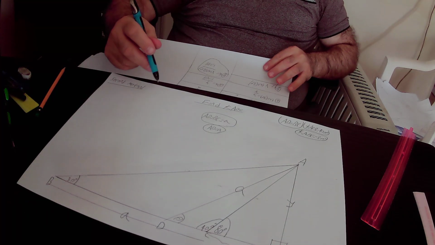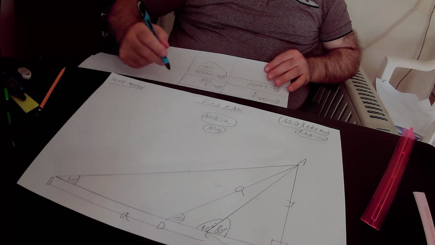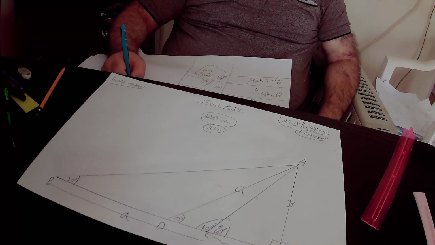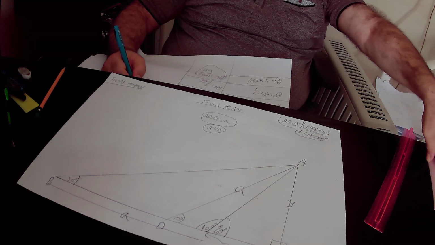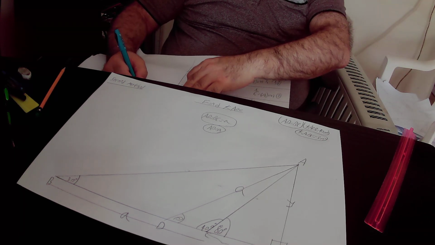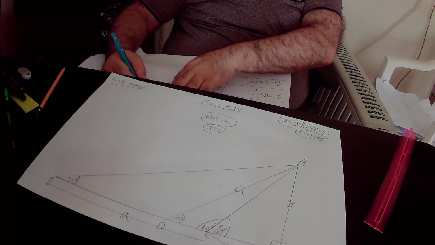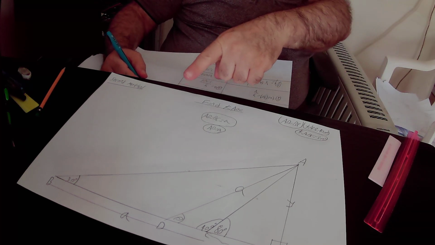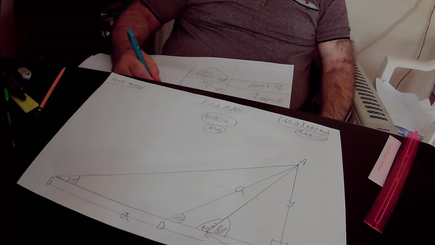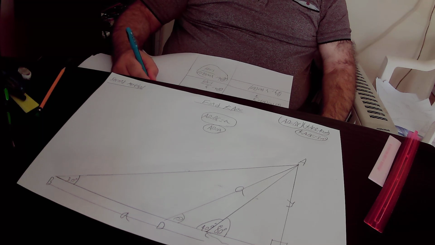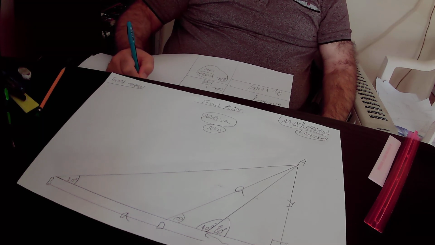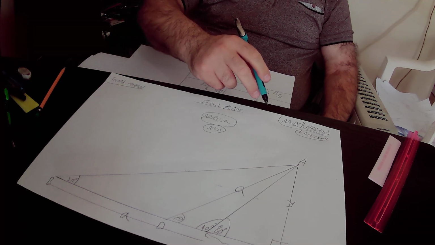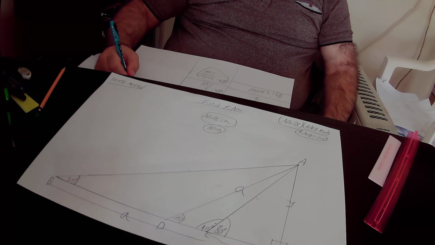In the next step, we will focus on the right triangle, triangle ABE. In the right triangle, triangle ABE, tangent 30 degrees equals AE over BE.